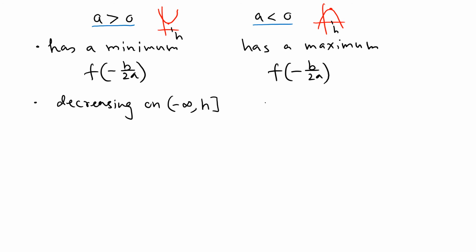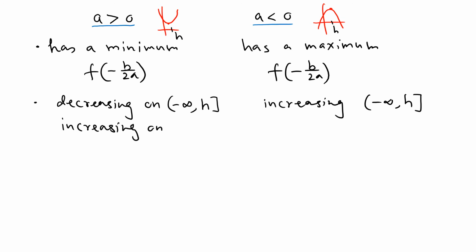And here, it's going to increase on the same interval, negative infinity up to h. And then it's going to increase here, on h to positive infinity, and here decreasing from h to positive infinity.